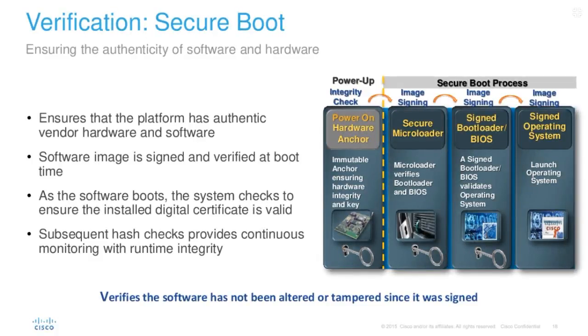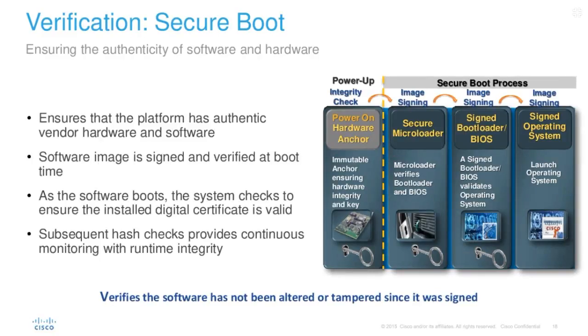So we're loading up that. That will then load up the BIOS. Now, each one of these components is individually signed by the vendor and checked in sequence. So it's looking at the secure micro loader, then the BIOS, and then the actual operating system that's going to run, and it will look at any modules that are running and booting up on the platform at the same time.